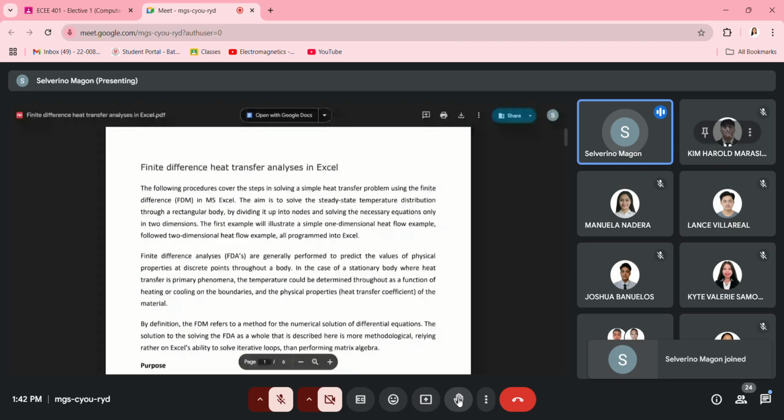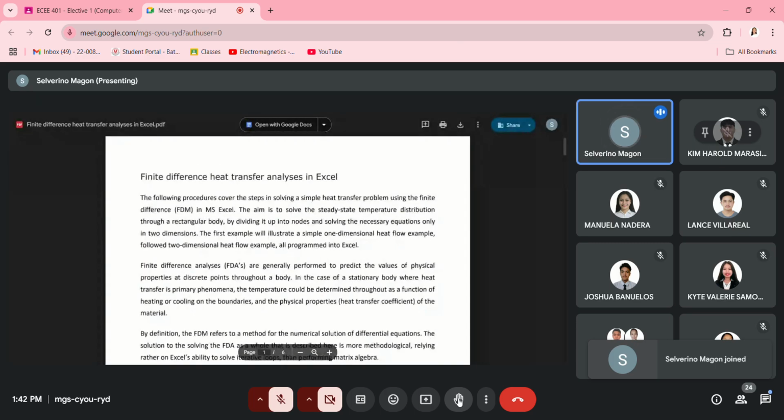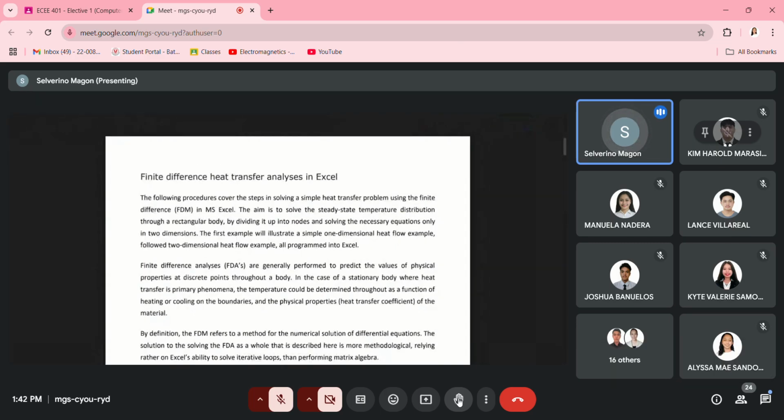Okay, so finite difference analysis is somewhat similar to the concept of finite element. It's just that finite element analysis is typically applied in other fields like structural integrity or statics, and in some cases fluid dynamics.